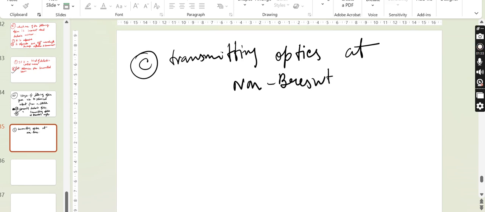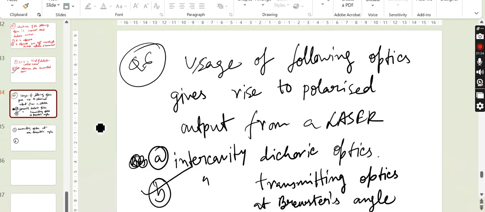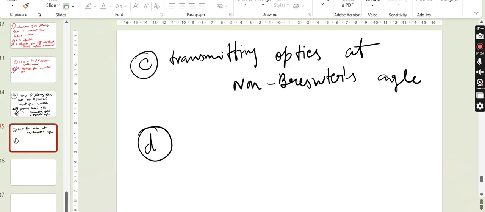Transmitting optics at non-Brewster angle cannot give rise to polarized output from a laser because at Brewster's angle only one polarization gets accepted or chosen. So that's how we get only the polarized output.